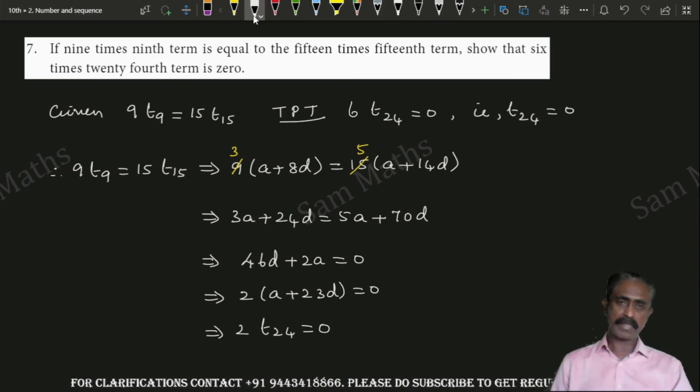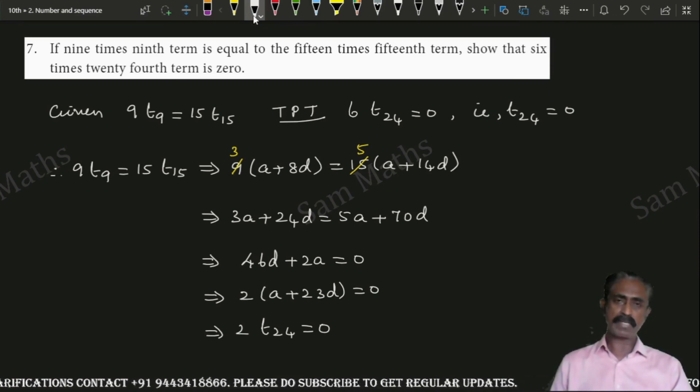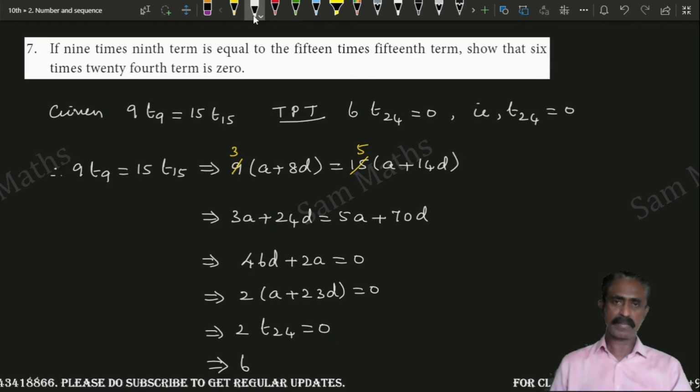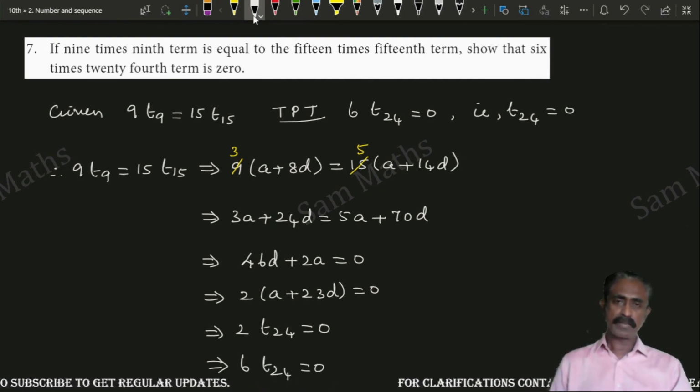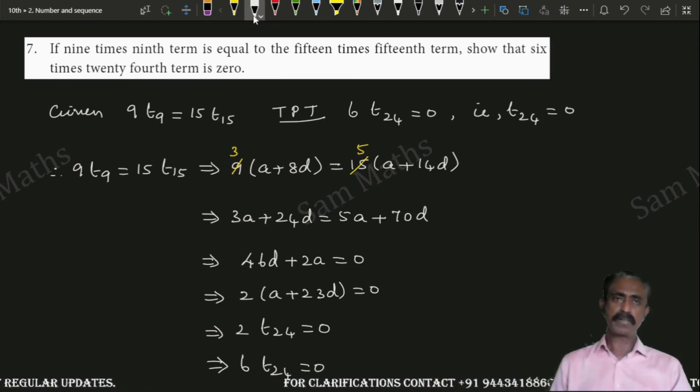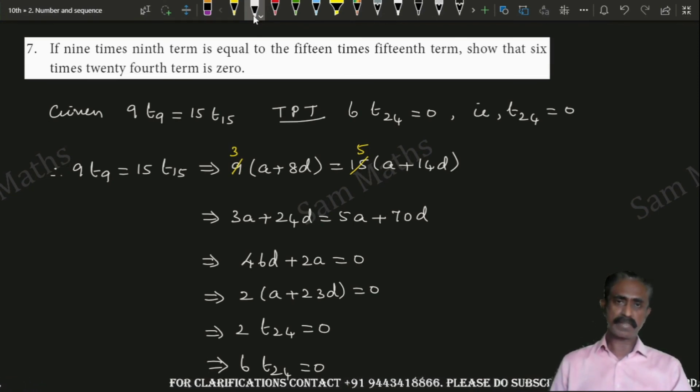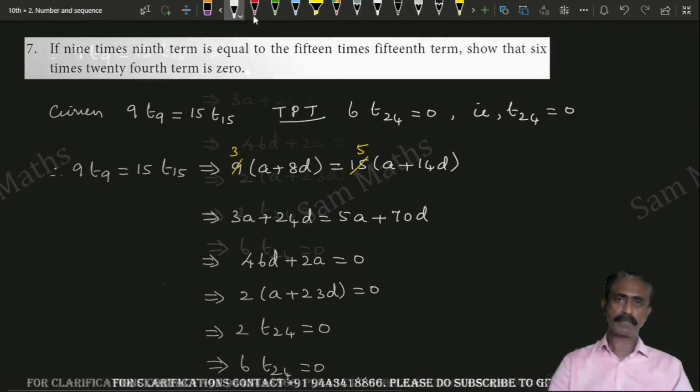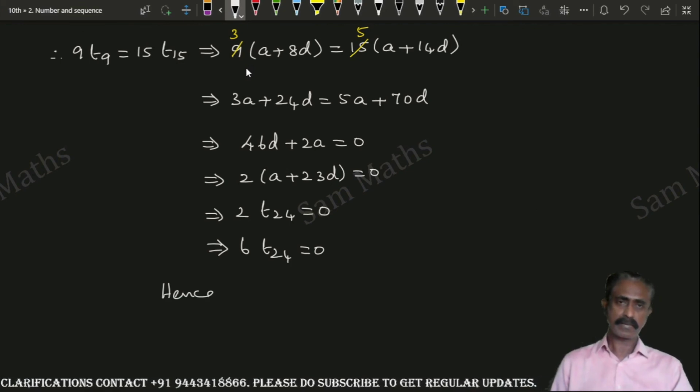A plus 23D is nothing but T24. Now both sides you multiply by 3, which implies we are getting 6 times of T24 is equal to 0, which is the required answer. Just to go through that, show that 6 times the 24th term is 0, hence true.